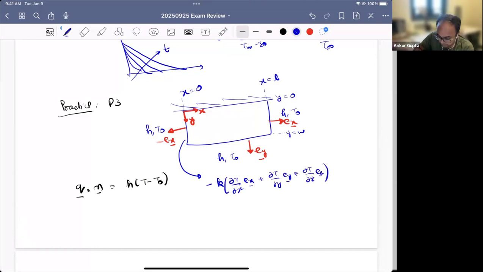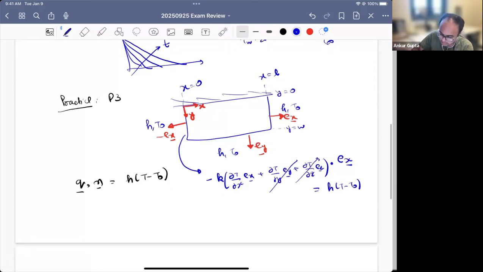On the left hand side, I'll dot this with EX. I'm just showing you the full process to clarify. Sorry, this is minus EX, not plus EX, my bad. So you get K del T by del X at X equals 0 is equal to h(T minus T naught).